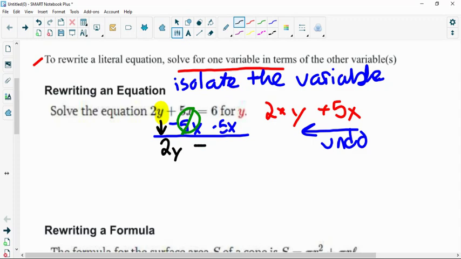It is equal to... Now, over on the right, we have a 6 and a minus 5x. Those pieces cannot be combined. They are not like terms.